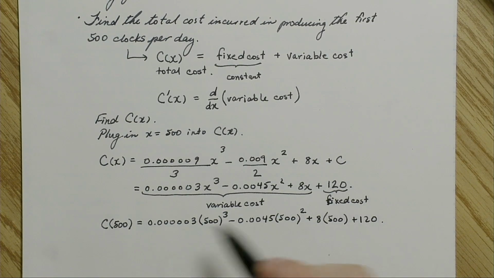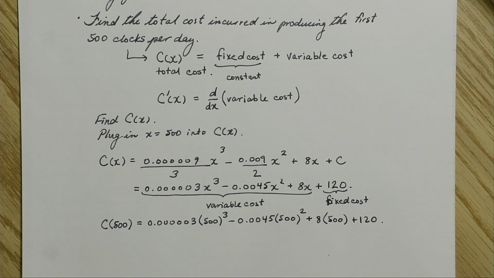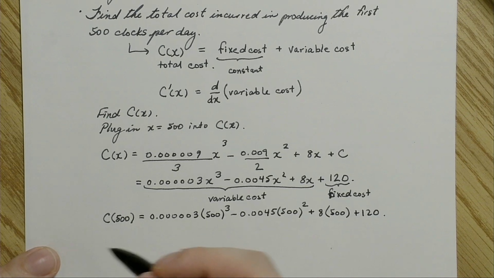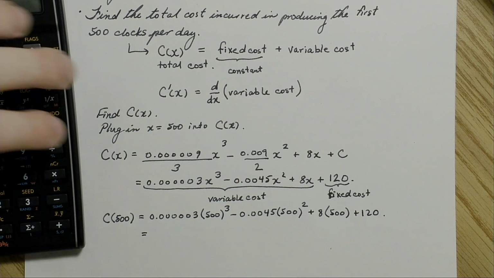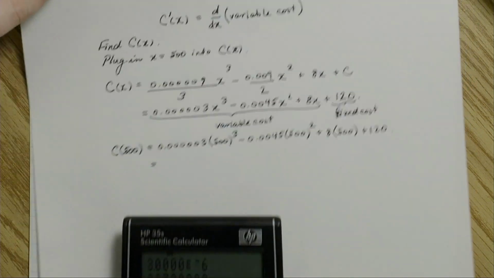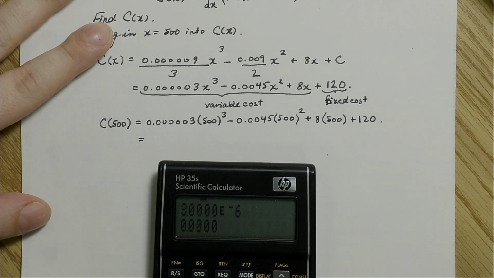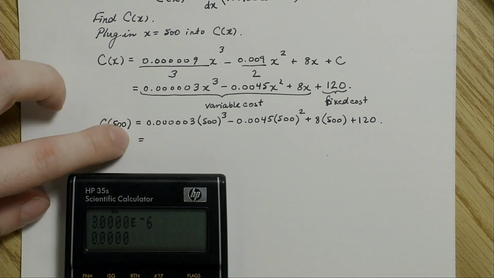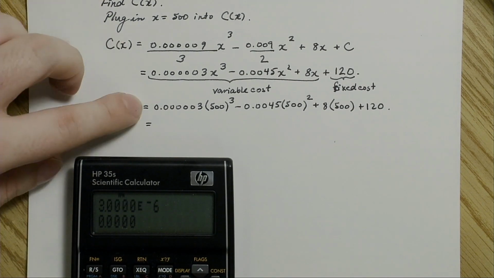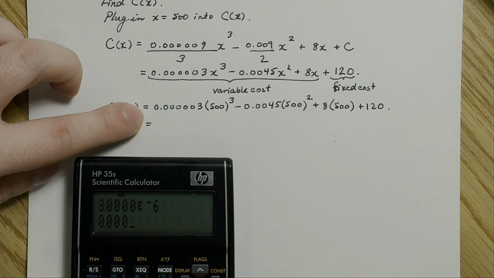Yes, these are not too rough, but I will use a calculator for this. Okay, so I pull up my HP, and I start out with 0.000003. Okay, I have 500. We're going to cube that times that.